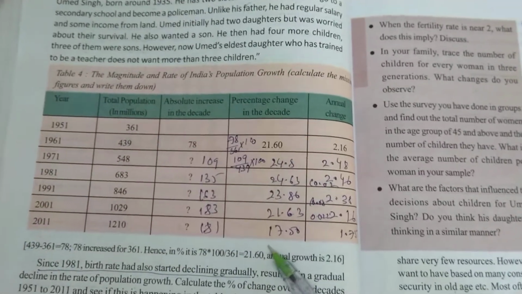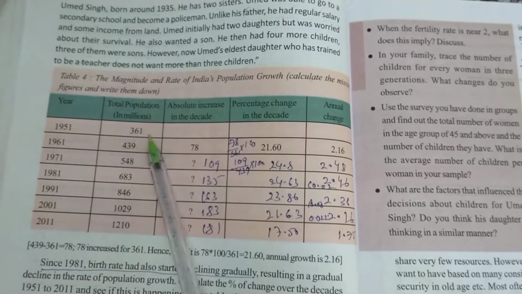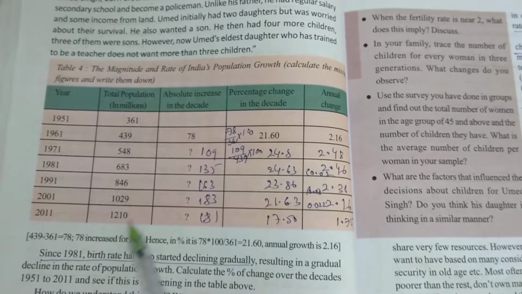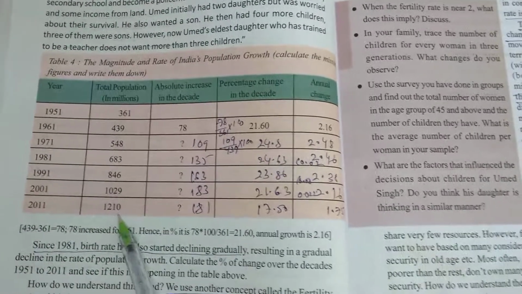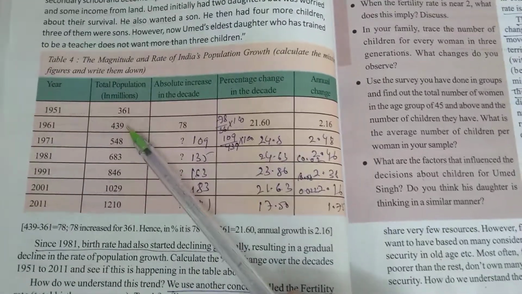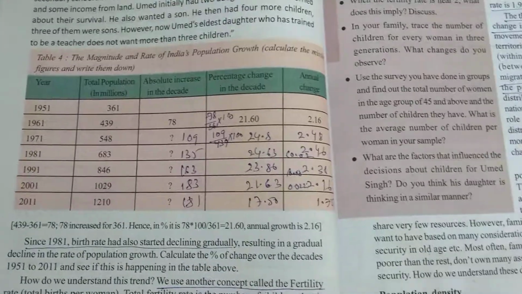In 1951, the total population was 361 million, but in 2011, the total population is 1210 million. But when you compare between two decades, the population growth is slowly declining.